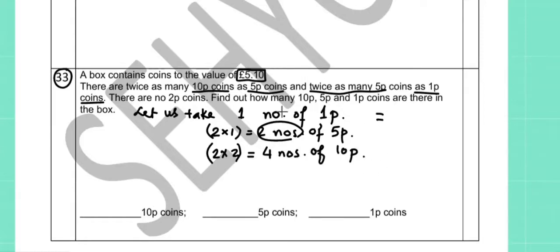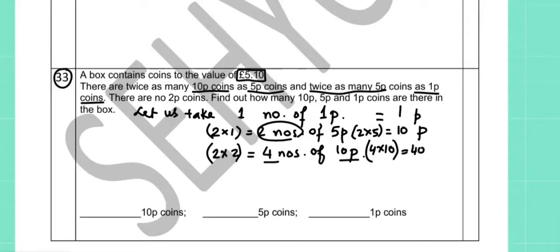So, the total value made by these coins: one coin of 1 pence makes 1 pence, 2 coins of 5 pence makes 10 pence, and 4 coins of 10 pence makes 40 pence.